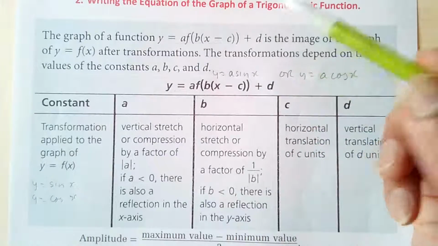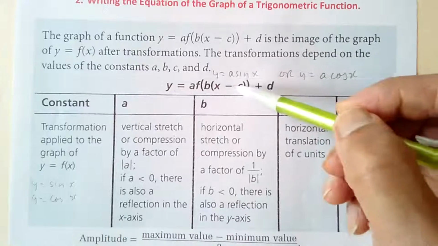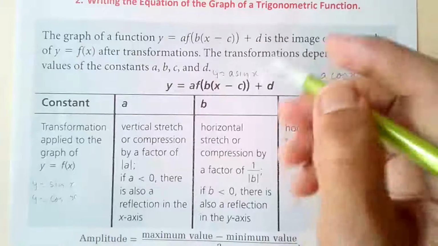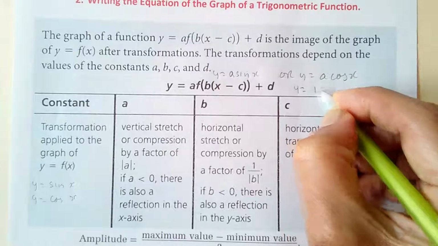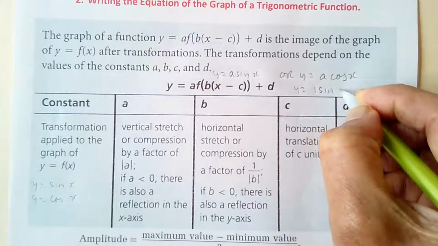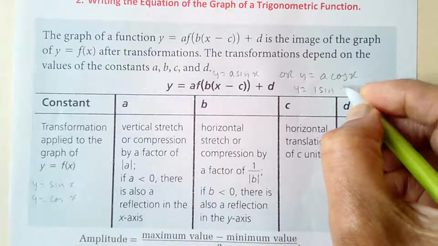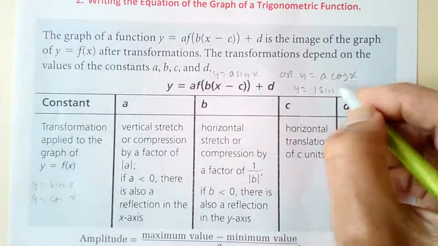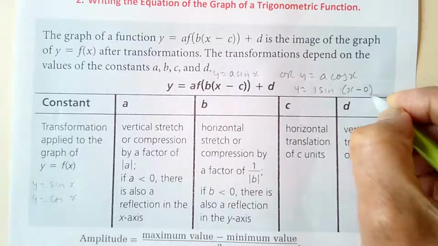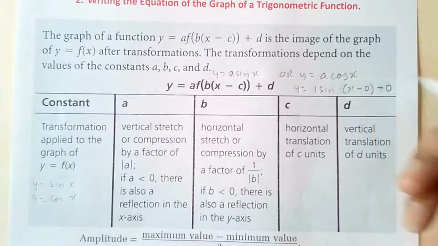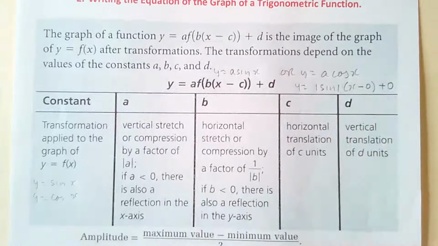If I were to write this out in a translated form, the sine would be y is equal to 1 sine, in this case b wouldn't change, b would be 1, x minus 0 plus 0. And you have 1 there.